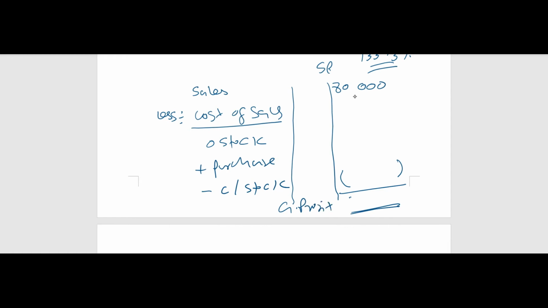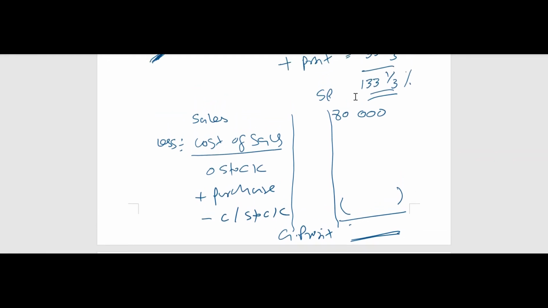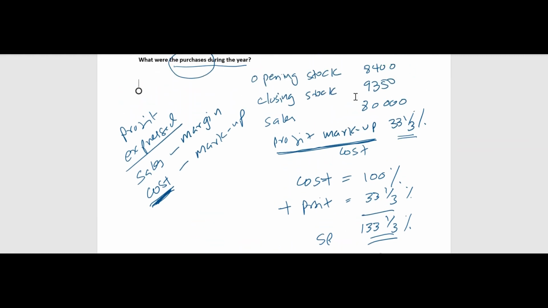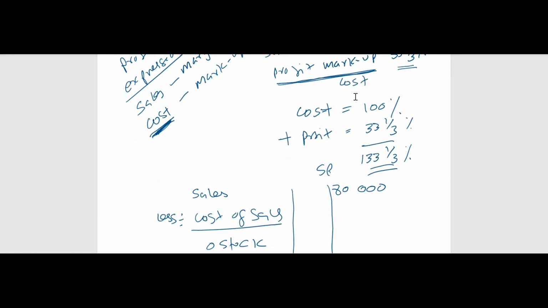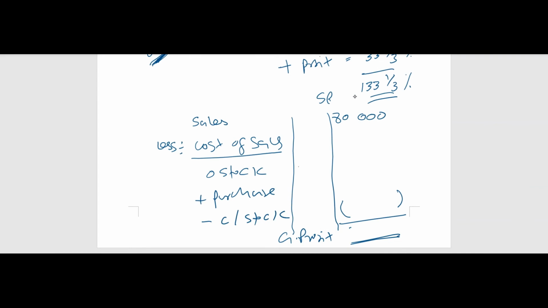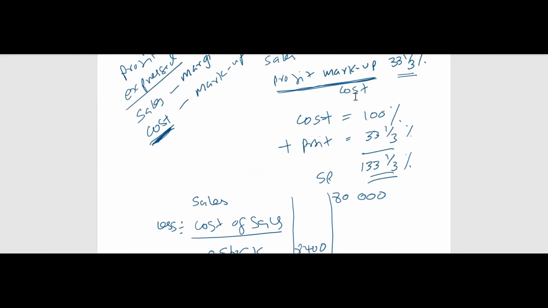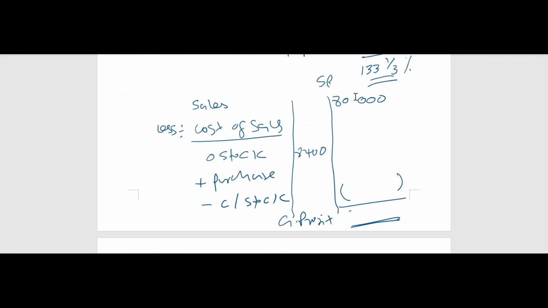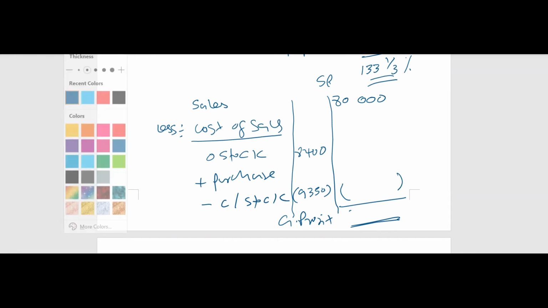Now, let's fill in the available information. Sales are 80,000. The opening stock is 8,400, and the closing stock is 9,350, which should be deducted from opening stock plus purchases.